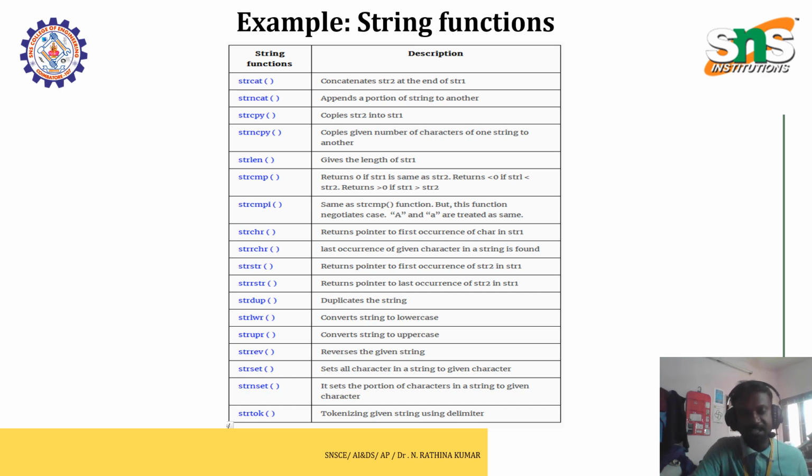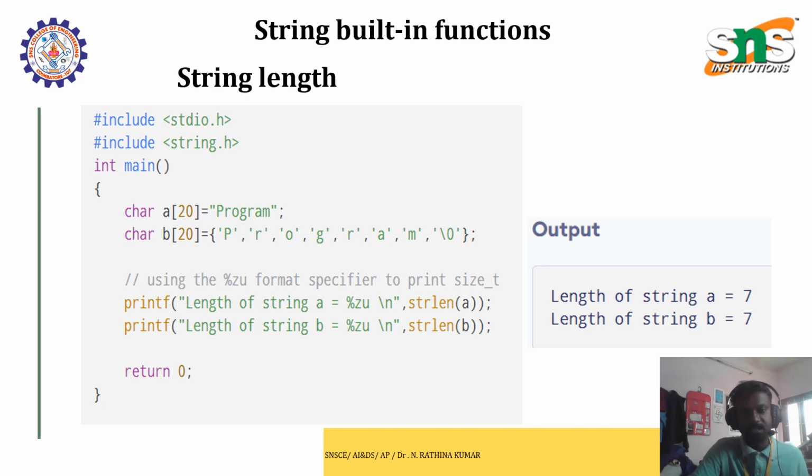So let us start with an example. Here is the program to calculate the length of a string. Very simple program. We'll see it one by one. The first line is stdio.h, as we all know, standard input output. The second header file is string.h, because we are going to use string functions here, so we need to include the header file.